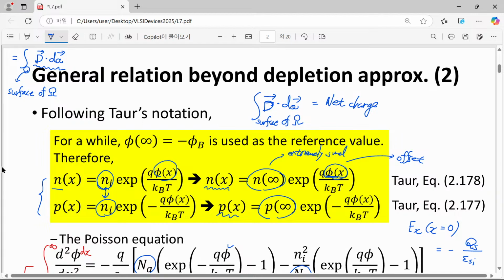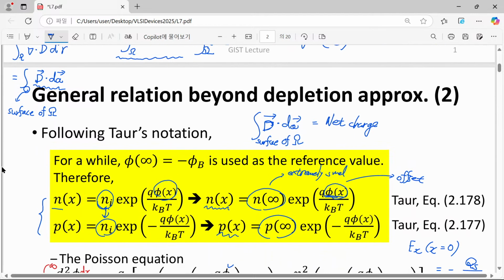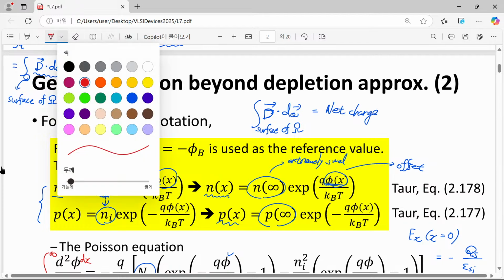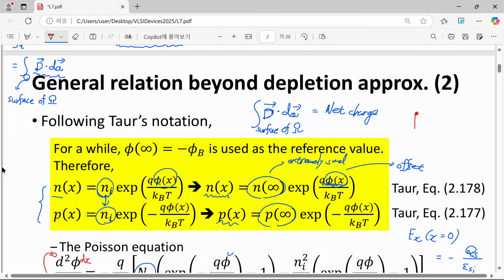Then now think about the shape of omega in our case. How does omega look like? Can you imagine? Our omega in this sense should be a volume. Then let me just write it down in this way. Here we have the x-axis, and this point is corresponding to x equal to 0. And where do we have our substrate contact?